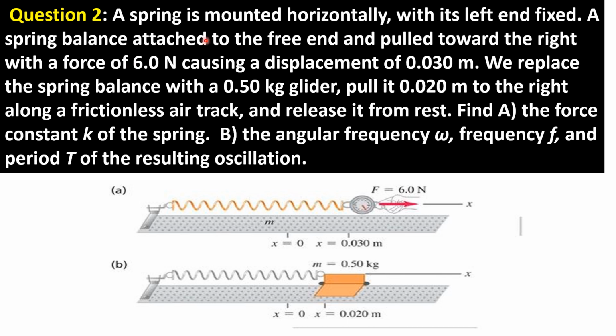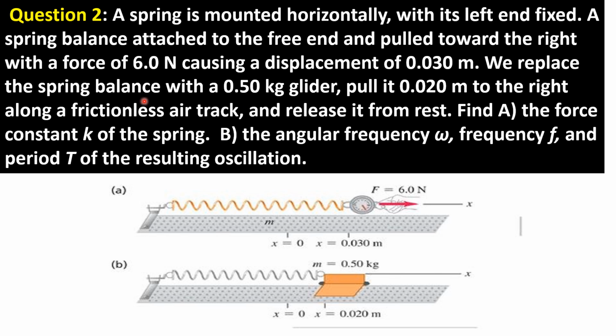Question number 2. A spring is mounted horizontally with its left end fixed. A spring balance is attached to the free end and pulled towards the right with a force of 6.0 Newton, causing a displacement of 0.30 meters.